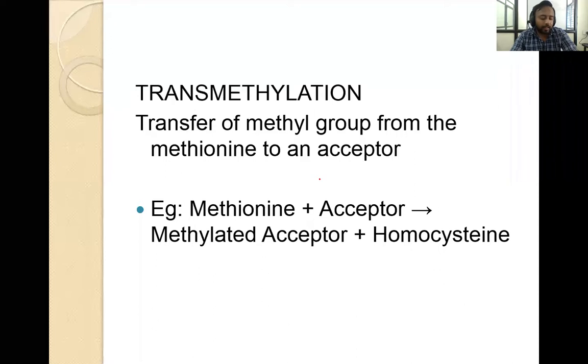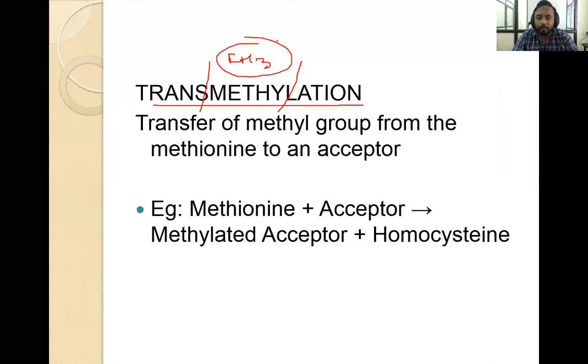Now the last type of reaction is the transmethylation reaction. The name itself is telling: trans is transfer, and methylation means the methyl group, CH3 group. Amino acids also undergo this kind of reaction, where they transfer the methyl group, CH3 group, from one amino acid to any other compound to form a methylated product.